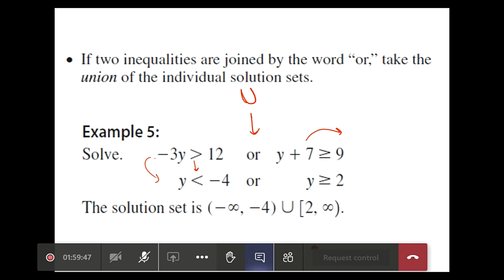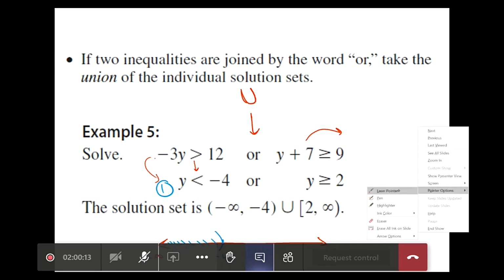Look at this. Minus infinity to infinity. We have the first inequality, this one, less than -4. So we have -4 open, from minus infinity to -4.